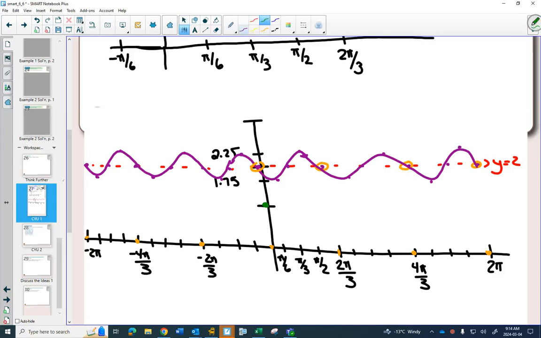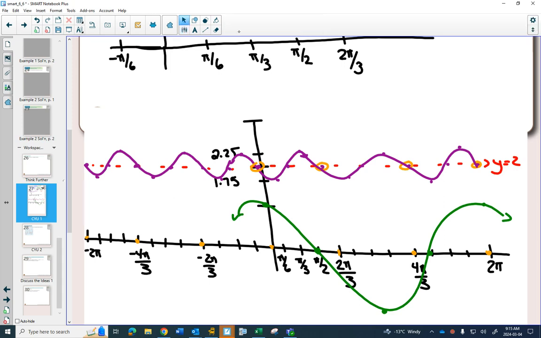Normal cosine graph starts at a maximum, center line, minimum, center line, maximum. This is our normal cosine graph with an amplitude of 1. Our new graph got compressed vertically. That's why its amplitude is so small. It got compressed horizontally. That's why there's so many periods now between 0 and 2 pi. And it got shifted up and over as well.